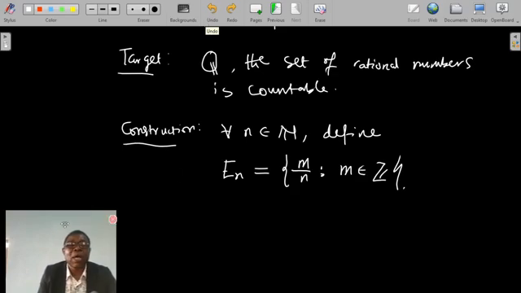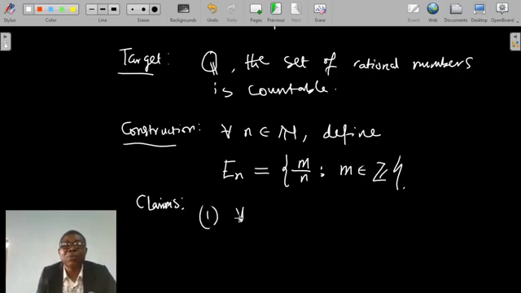Now, I will make the following claims. Number one, for any n in the set of natural numbers, En is countable.